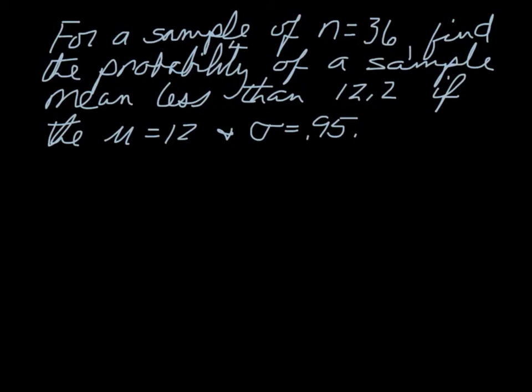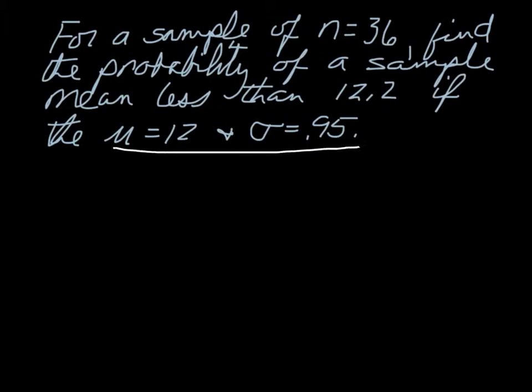So one of the things we want to do is understand a problem like this. This is problem 13 in your textbook. It says, for a sample of size n equals 36, find the probability of a sample mean less than 12.2 if the mean is 12 and the standard deviation is 0.95. Now notice the notation.